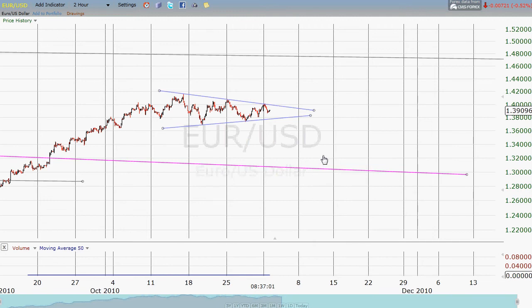So what that means is we probably have about a 60 to 70% chance that prices are going to move out of this area of congestion to the upside, and about a 30 to maybe 40% chance that it comes down.